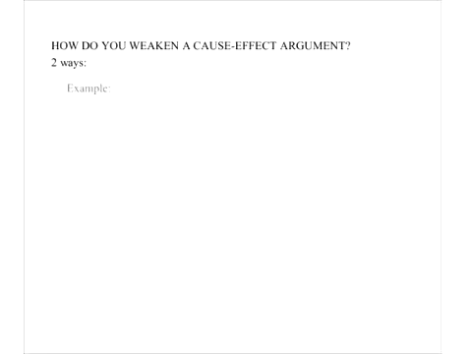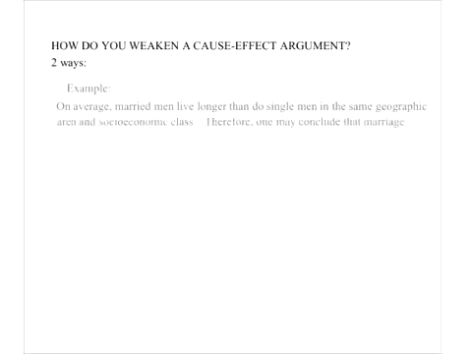On average, married men live longer than do single men in the same geographic area and socioeconomic class. Therefore, one may conclude that marriage causes men to live longer. Okay, how would you weaken this argument?